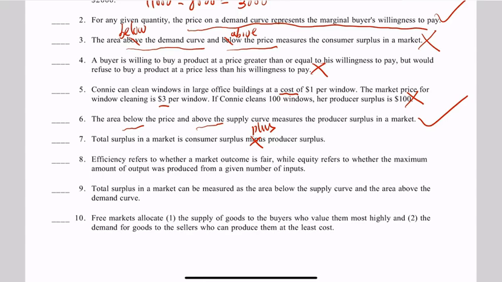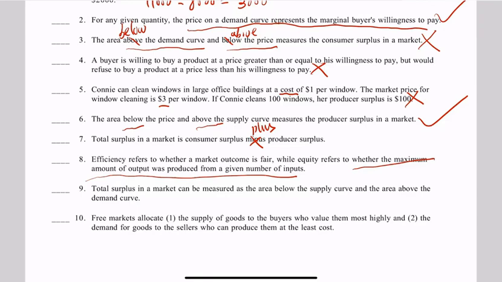Efficiency refers to whether a market outcome is fair. So you can see that the definition here is not right, because this is actually the definition of efficiency, right? So basically the correct statement is efficiency refers to whether the maximum amount of output was produced from a given number of inputs.